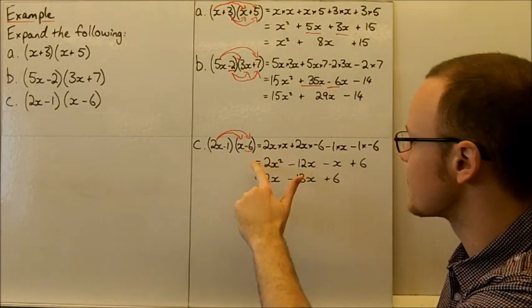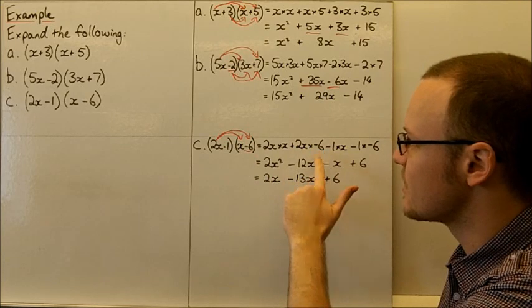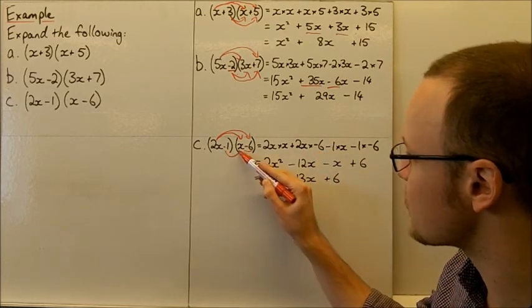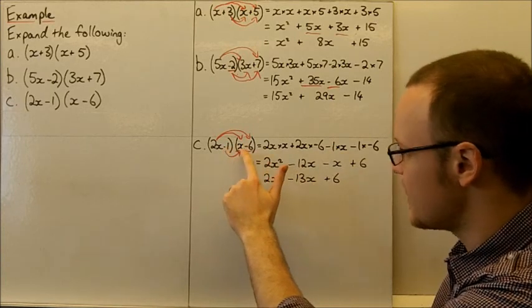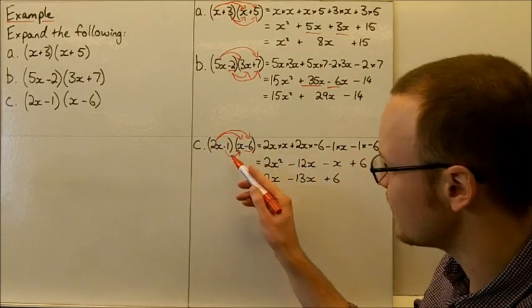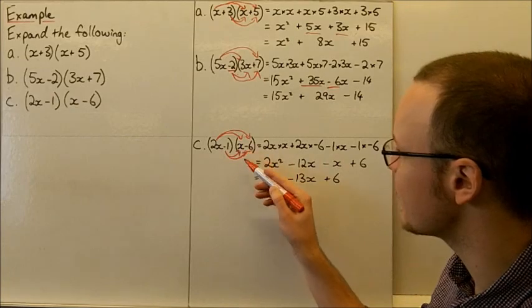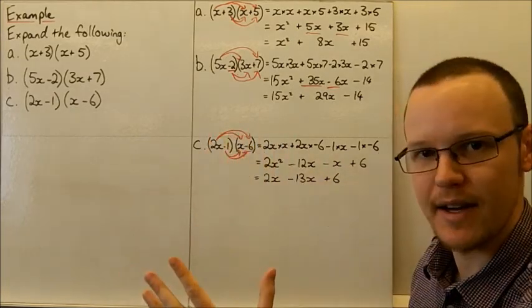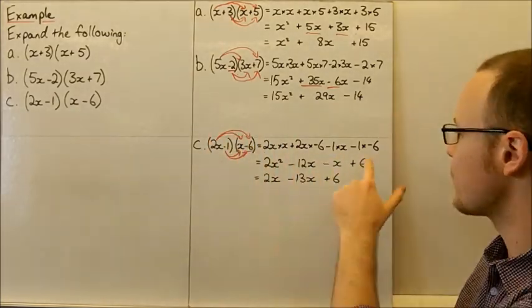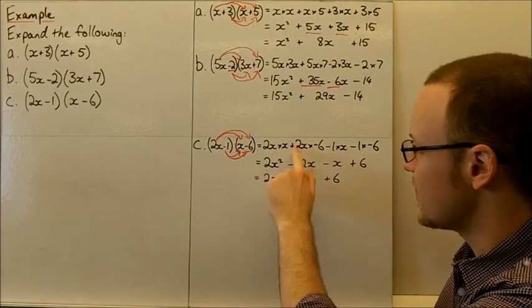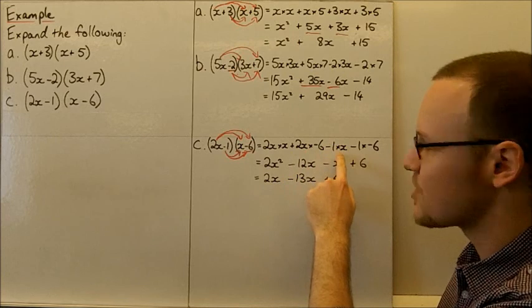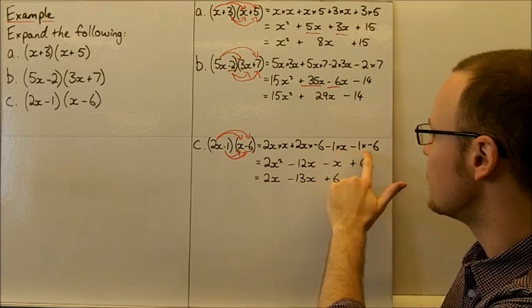Then we do the subtract 1 times x, and subtract 1 times negative 6, because we've got to carry the subtract sign out the front of the 6 there.